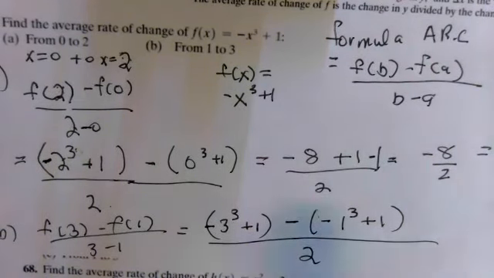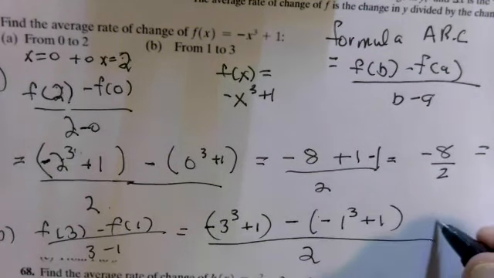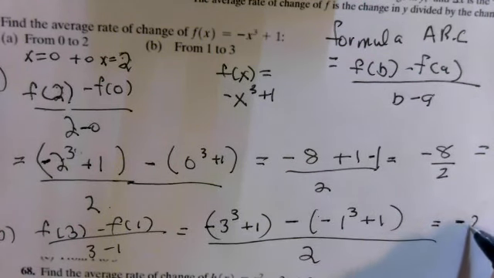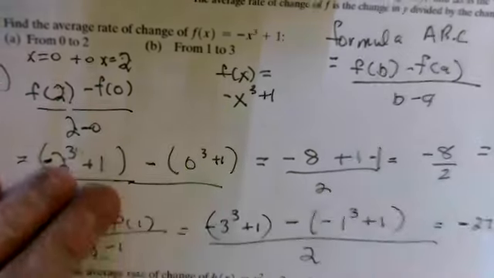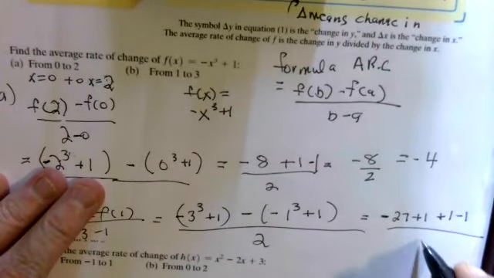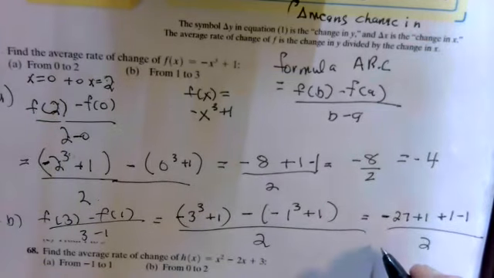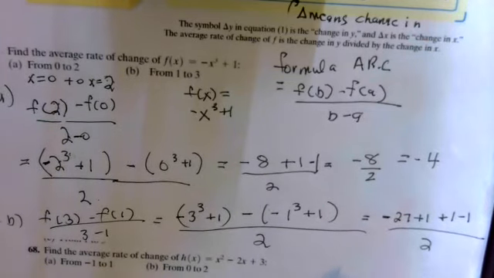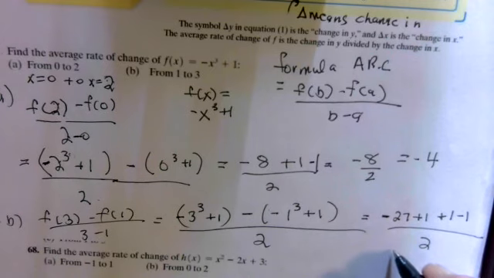Okay, so let's see if we can figure out what this is going to give us. This is going to give us a minus 27 plus 1, and then plus another 1, and then minus 1, over 2. So what that's going to end up equaling, I believe, is a negative 13.